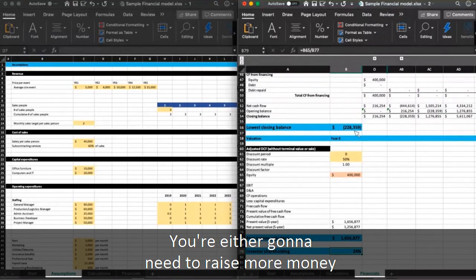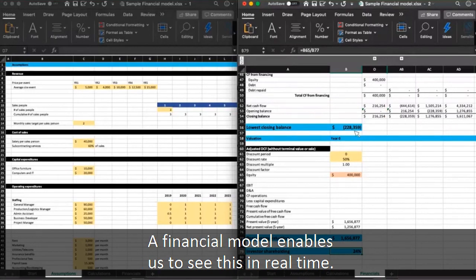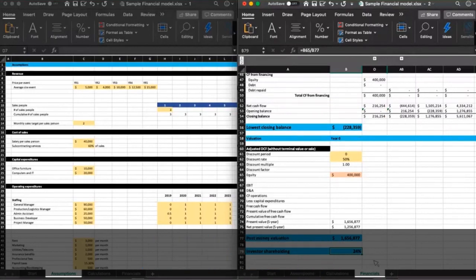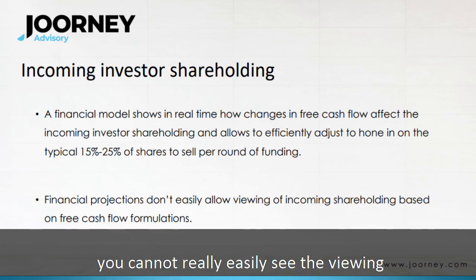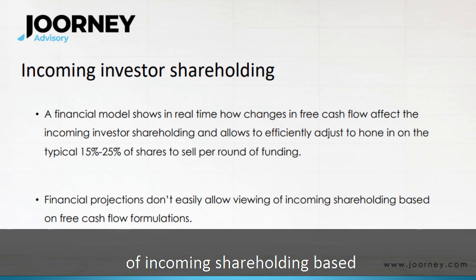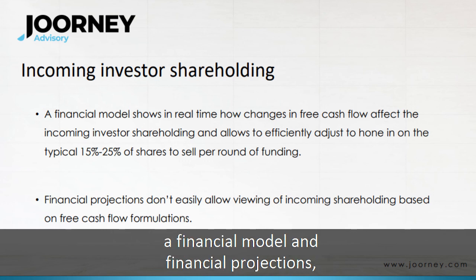You're either going to need to raise more money or you're going to have to increase sales in some way. The financial model enables us to see this in real time. Whereas in financial projections, you cannot really easily see the incoming shareholding based on the free cash flow formulations. So that was a short webinar simply to illustrate the differences between a financial model and financial projections.